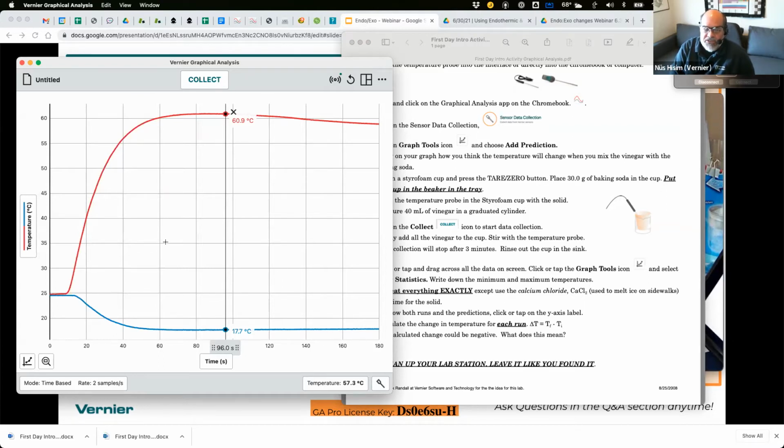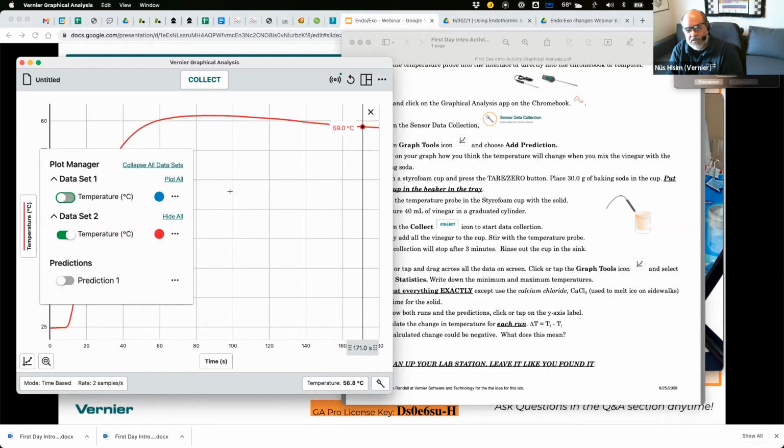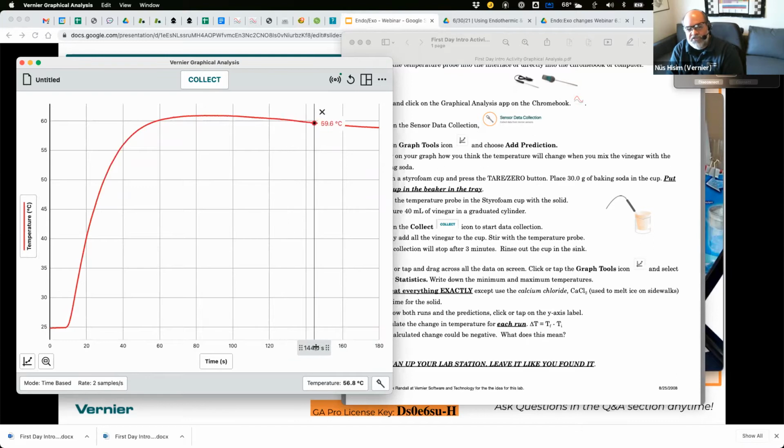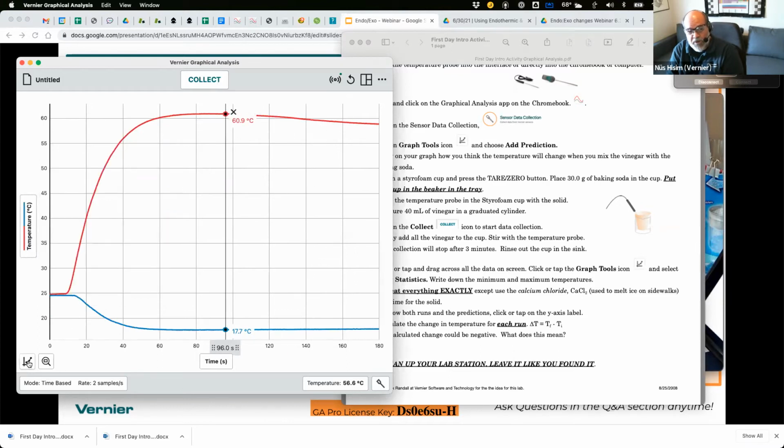When you're doing statistics, that's another thing to think about. If you want the students to do T2 and T1, if you tap on the graph, it shows you both of them. But do you want both? Do you want kids to look at both of them? Then you can turn off the first one if you just want to look at the second one. Same with statistics: if you do the statistics and you have them both turned on, you will get the statistics for both of them.